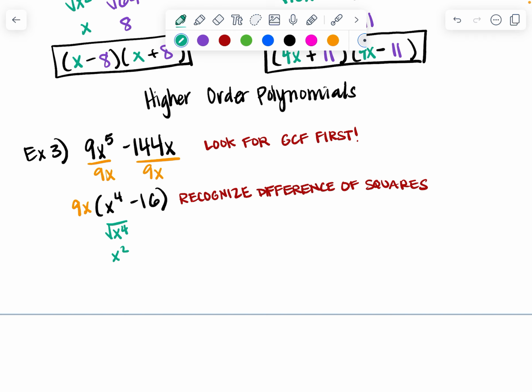That would be x squared. And the square root of 16 is 4. So I have x squared plus 4 times x squared minus 4. Now don't forget to bring down this 9x.